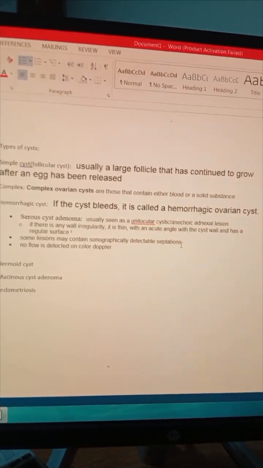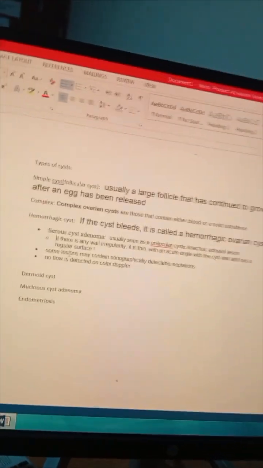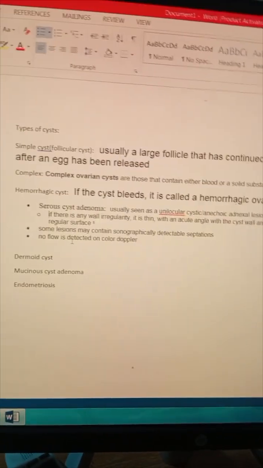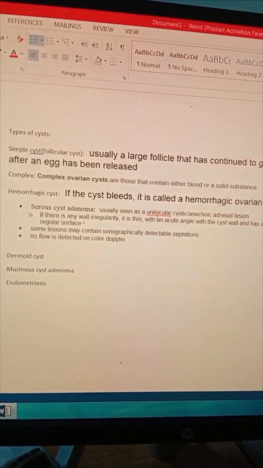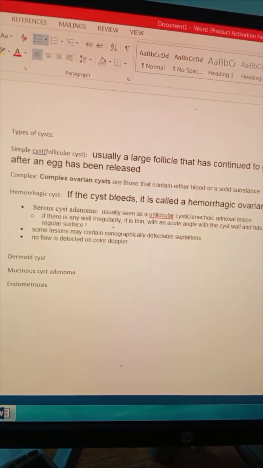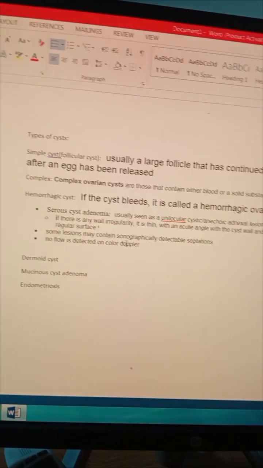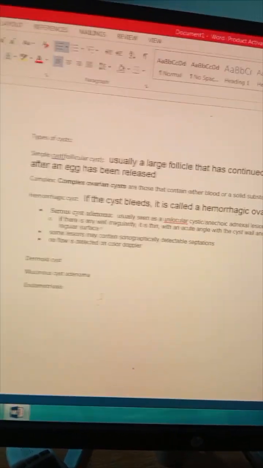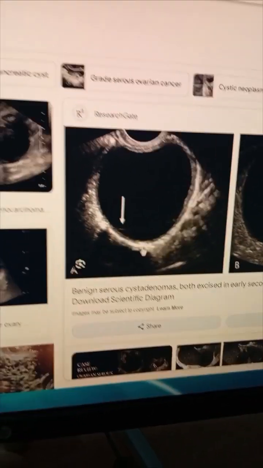Usually it doesn't show septation, but sometimes it shows septations, but it does not have any flow on color Doppler. It is anechoic in appearance with wall irregularity, and they are usually benign.